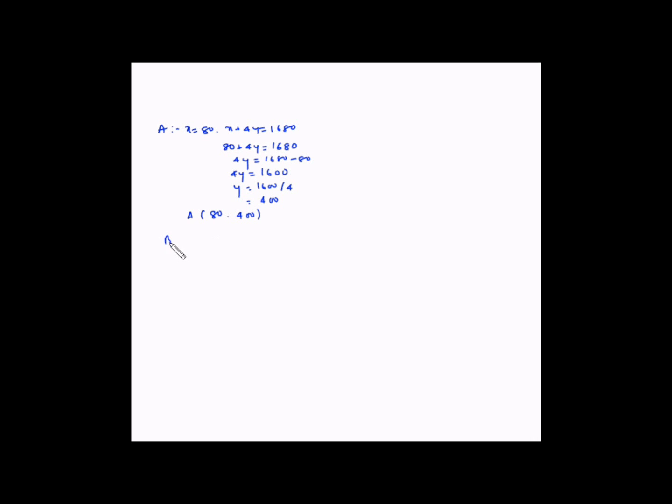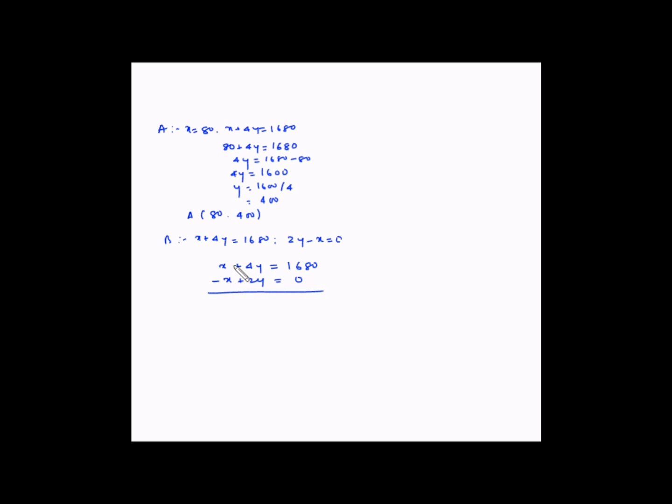Now point B lies at the intersection of x plus 4y is equal to 1680 and 2y minus x is equal to 0. So if we solve these two equations, x plus 4y is equal to 1680 and minus x plus 2y is equal to 0.